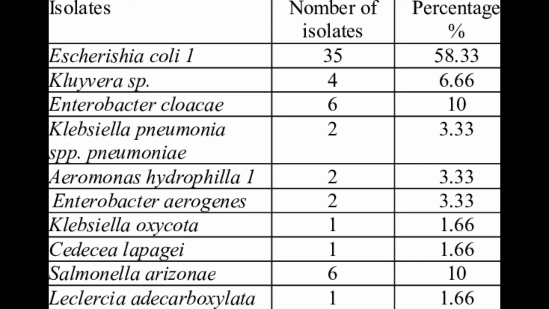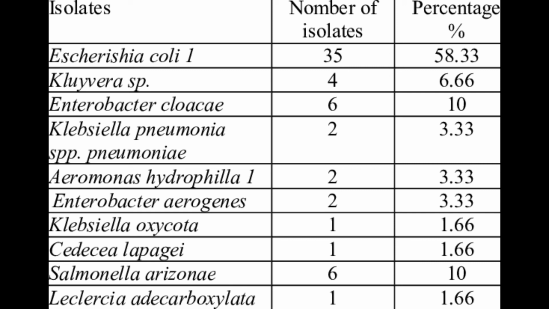Now we have, third to the last, lysine decarboxylation and deamination, which detects two enzymes, lysine decarboxylase and lysine deaminase. The medium is lysine iron agar. It contains glucose, lysine, and bromcresol purple as the pH indicator, yellow in acidic medium and purple in alkaline medium.